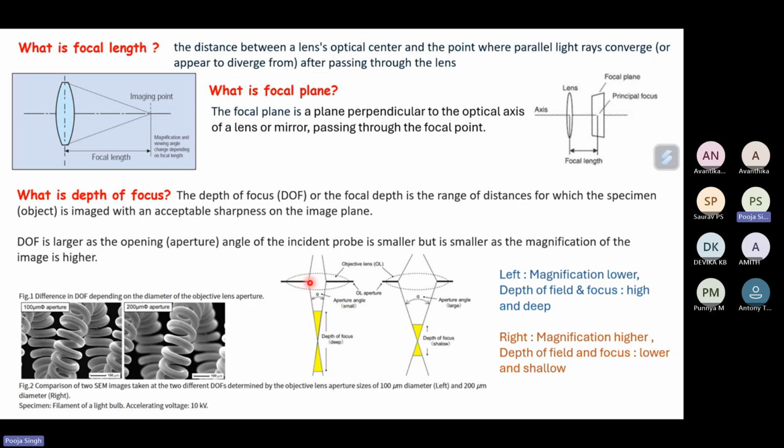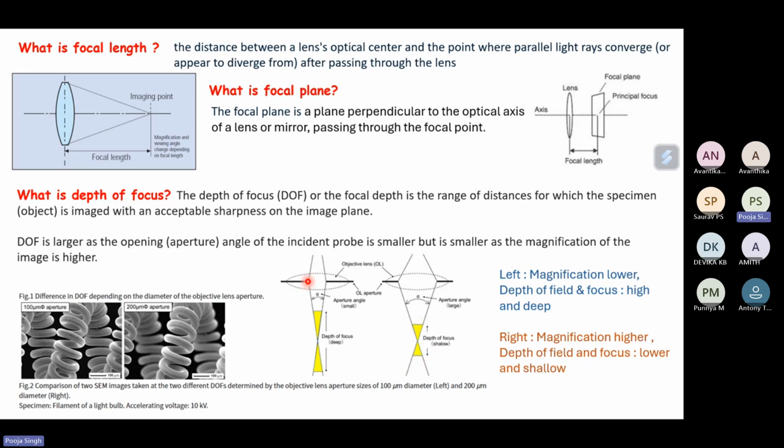This one has a bigger opening, this one has a smaller opening. Once the light passes, it will converge up to this distance, where it coincides. So the depth of focus is very small.